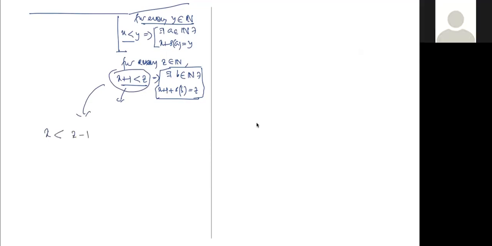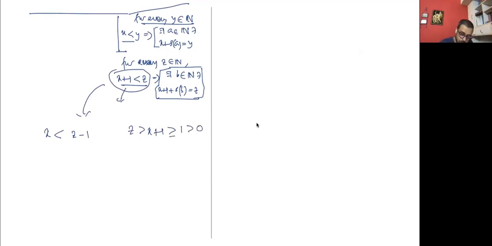Yeah, so for any z belonging to N such that x plus 1 is less than z. So this is where we are starting, right? Yeah. So this means that x is less than z minus 1. Okay. So since z belongs to N, then z minus 1 also belongs to N. Why is that? Because z is greater than x plus 1, which means z is not equal to 0. Z is greater than x plus 1, which is greater than x, which is greater than or equal to 1, which is greater than 0.